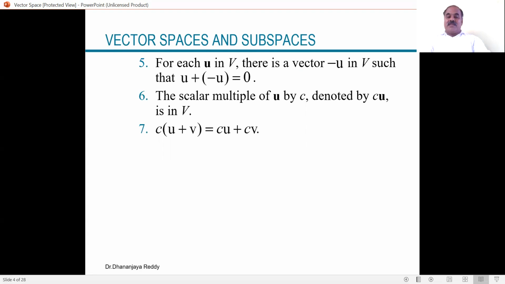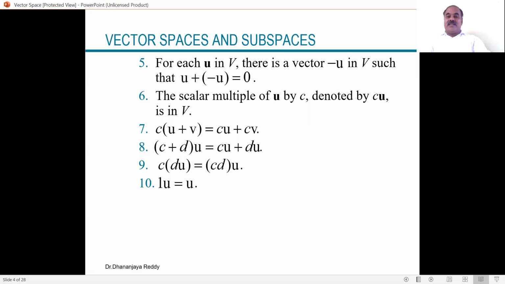And distributive property, c into u plus v equal to cu plus cv. Similarly, c plus d into u equal to cu plus du. c into du equal to cd into u. And existence of unity. So what is the existence of unity? 1 into u equal to u.